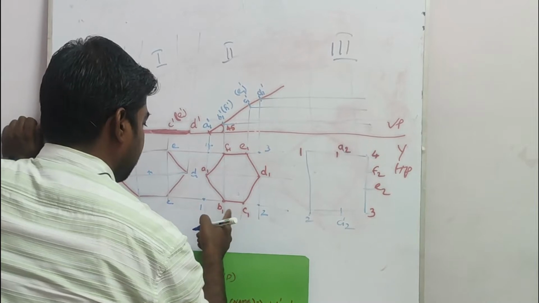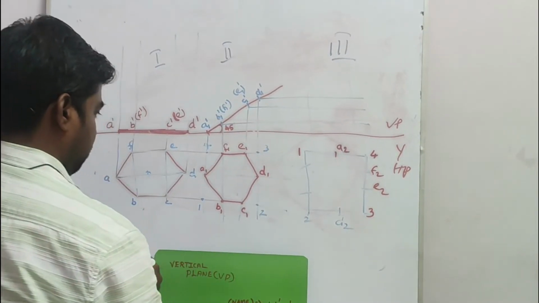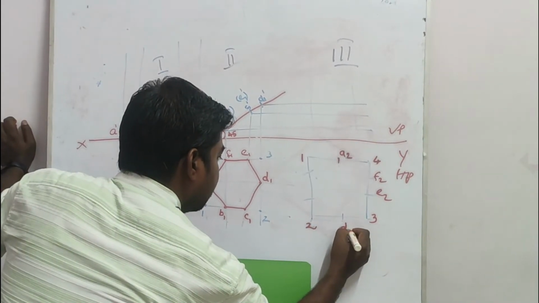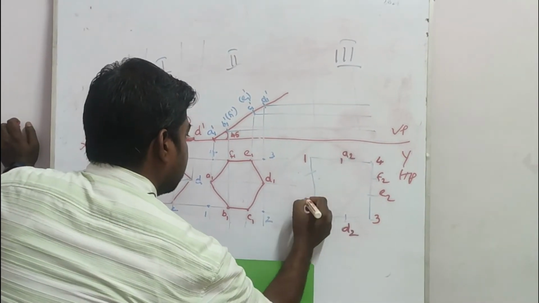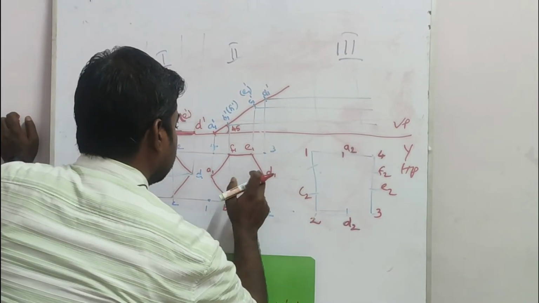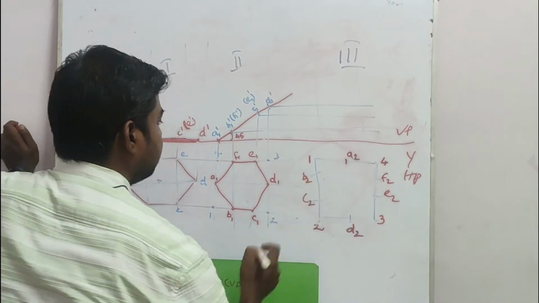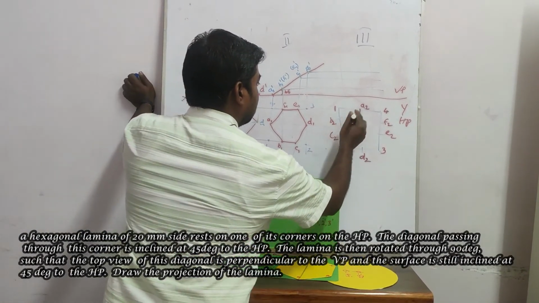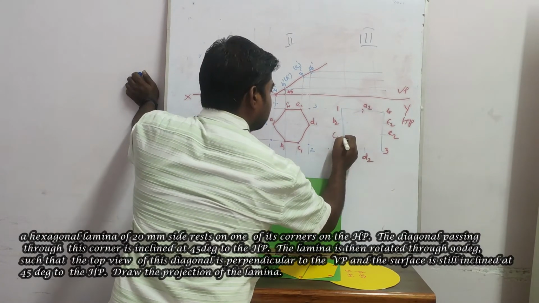So measure the C1 B1 distance, 2 D2, and after that E, C, C2, another one is B2. Now we have the salient points. Okay, now you have to reconstruct this hexagon.